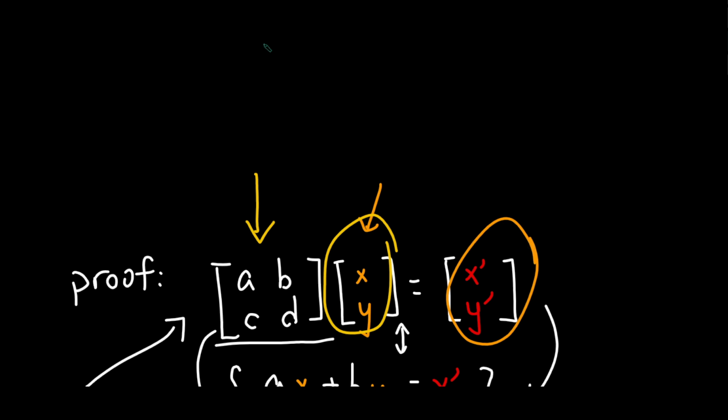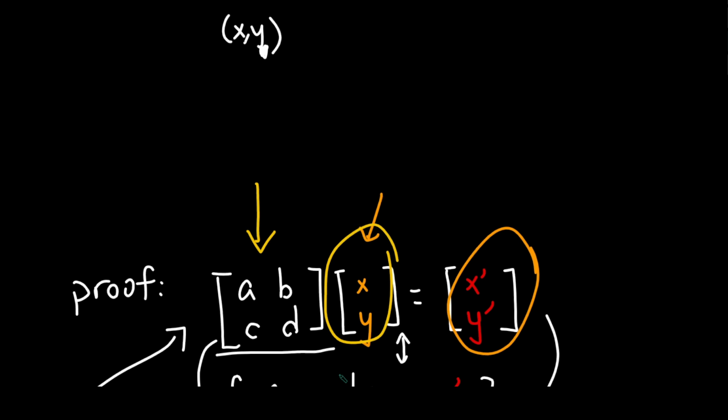So if I take my original point, x comma y, and I multiply by my matrix ABCD, I'm going to get a new point, x prime comma y prime, and this matrix sends xy to this point.